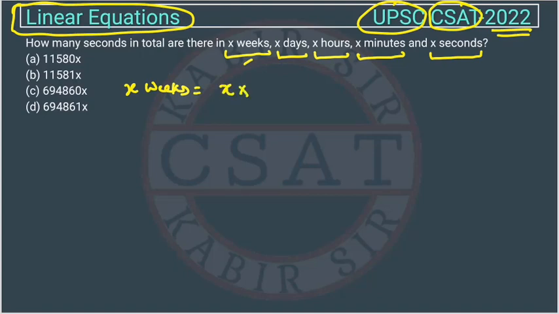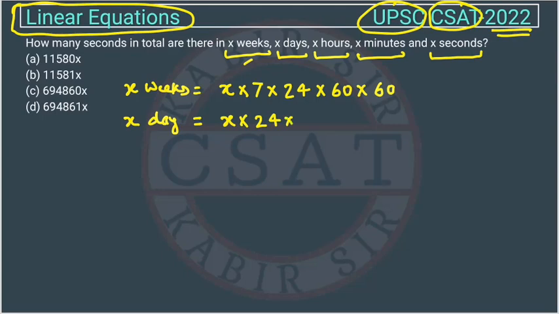And in 1 week there are 7 days, and in 1 day there are 24 hours, right? And in each hour there are 60 minutes, and in each minute there are 60 seconds. So this is total seconds, right? Similarly we will do for X days. So in X days the answer will be X into 24 hours, 60 minutes, and in each minute 60 seconds, right?